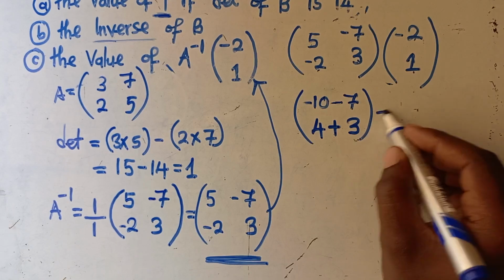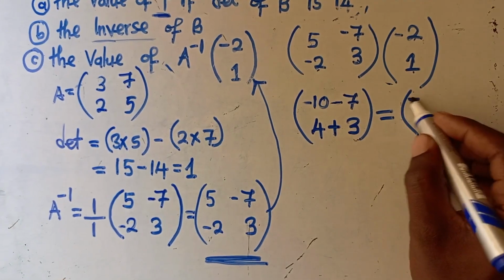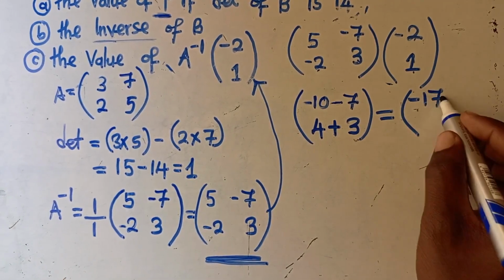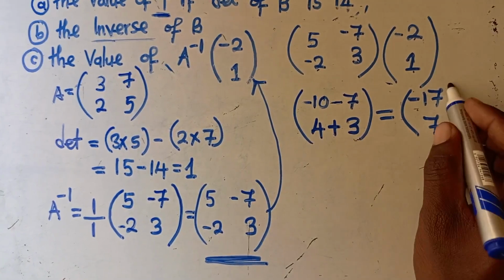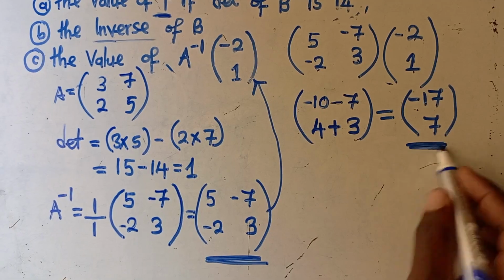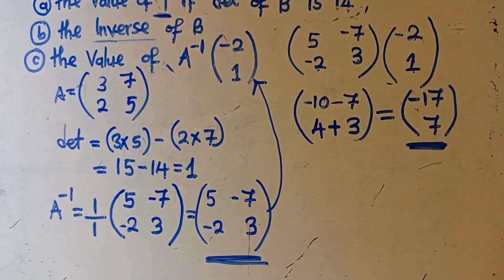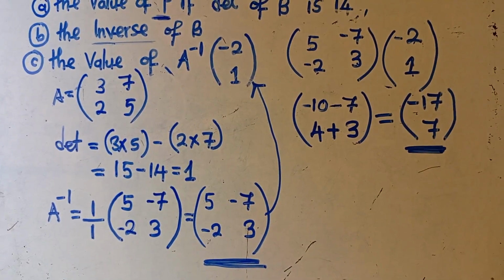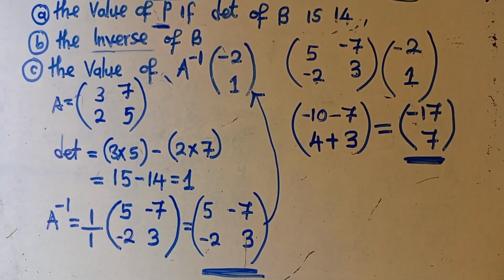So meaning that the answer that I'm getting is negative 17 on top, down I'm getting a 7. This is the answer that I get. This is what you are supposed to do. These are procedures you need to get and understand.